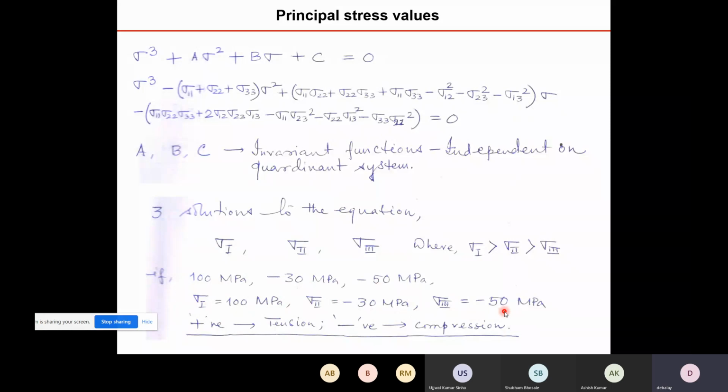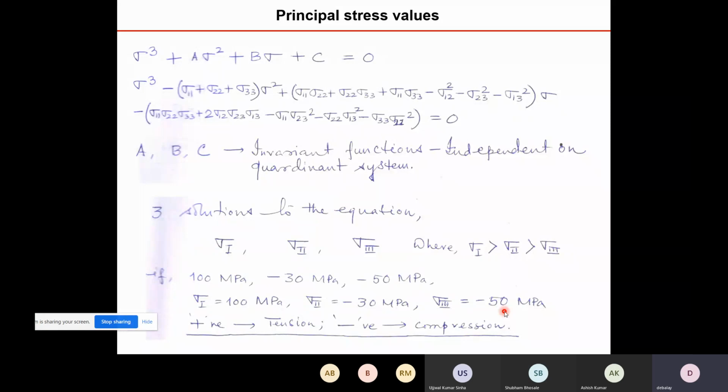So remember the story of the movie Air Force One. Whichever plane the president flies, that is Air Force One. So wherever the value is highest, that is sigma Roman 1. Wherever the value is lowest, that is Roman 3. And intermediate is 2. So don't stick to this 1, 2, 3 very strongly. Have your thinking flexible.